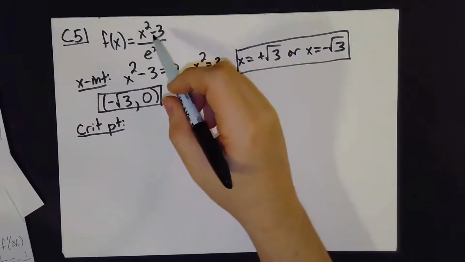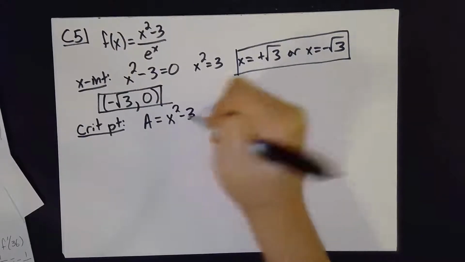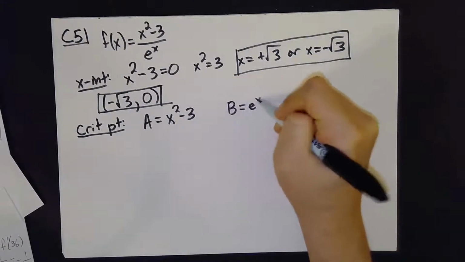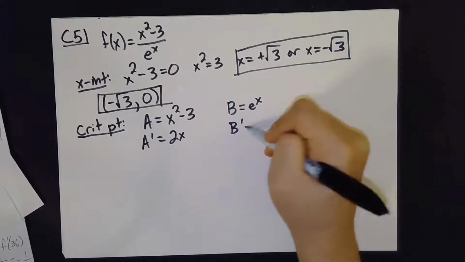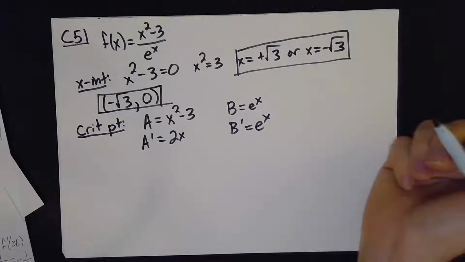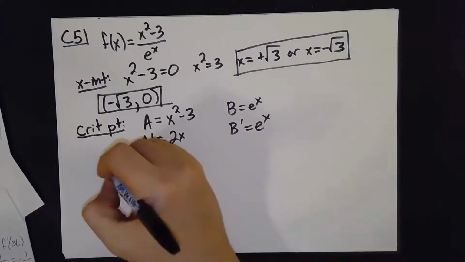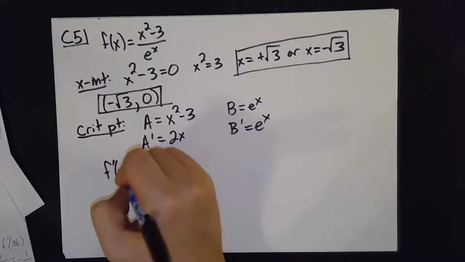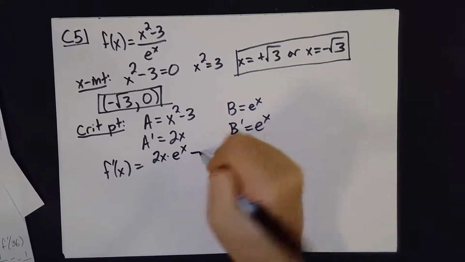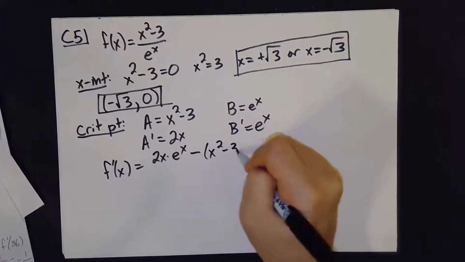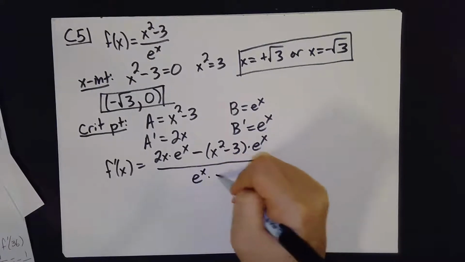For that, I'm going to need to take the derivative. After taking this derivative, I get that f prime of x is 2x times e to the x minus x squared minus 3 times e to the x, divided by e to the x times e to the x.